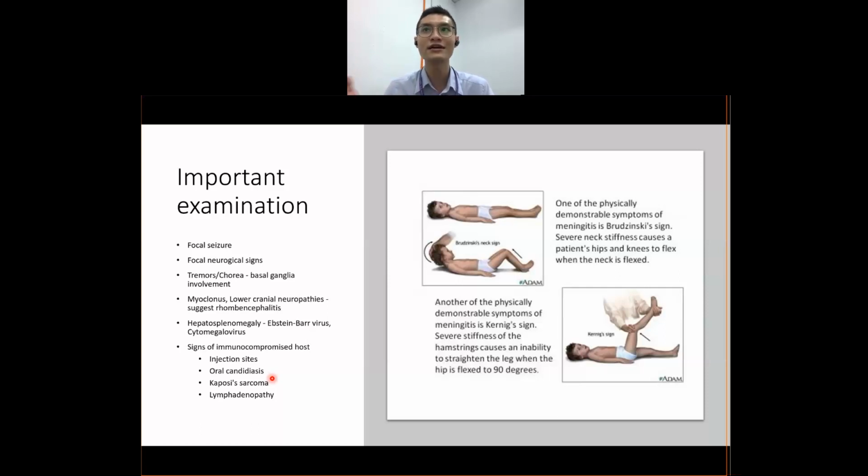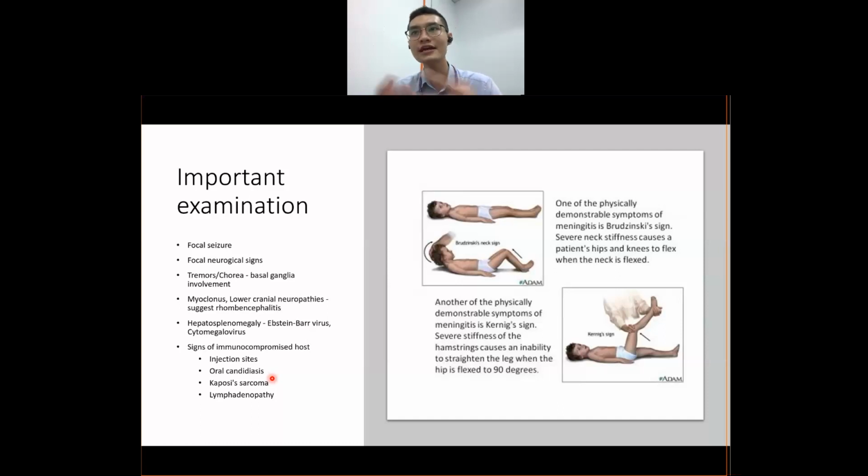For example, cytomegalovirus usually doesn't happen in an immunocompetent host. But if a patient with HIV comes in with meningitis and encephalitis, you might want to think about this rarer organism. What signs do you look for? Injection sites and oral candidiasis suggest that they're immunocompromised.